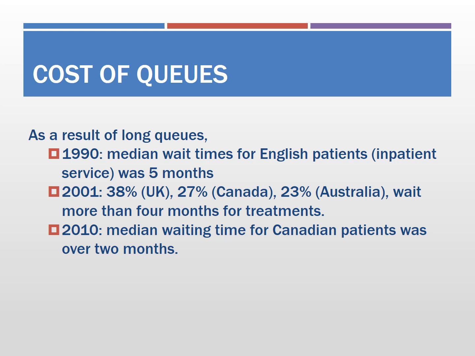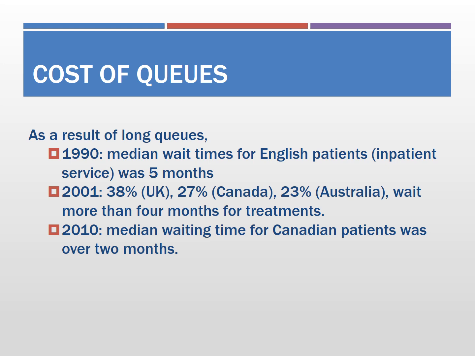So it takes 5 months for patients to get inpatient service in the UK. Over 20% of the patients had waiting times longer than a year, as a study by the Department of Health in the UK in 2011 illustrates.